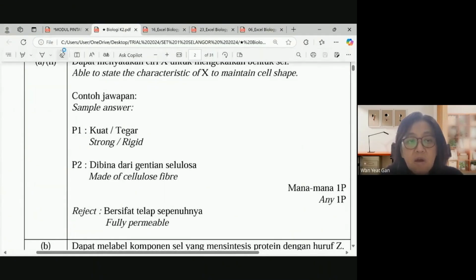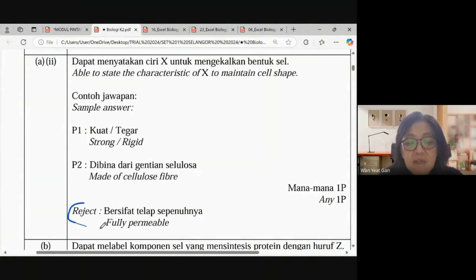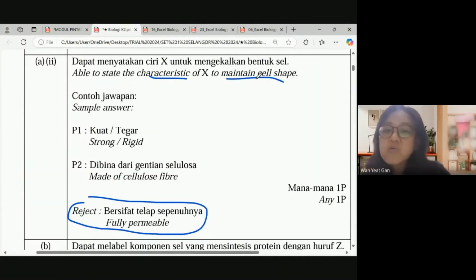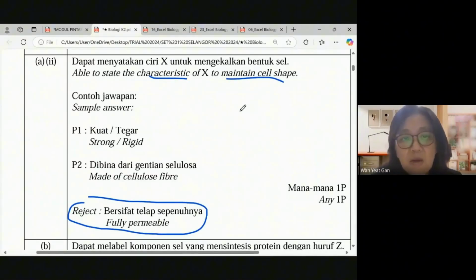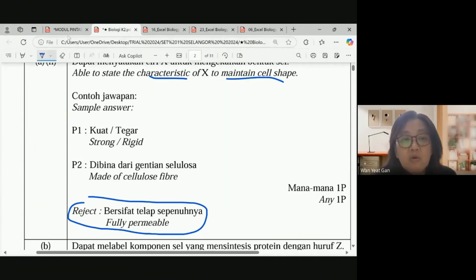Okay, so cell wall is fully permeable, but we cannot accept this answer because we want to relate it to how the characteristic maintains the cell shape. So the characteristic that we must choose must be relevant to maintaining cell shape, yeah? So what is relevant is rigid and made up of cellulose fiber.